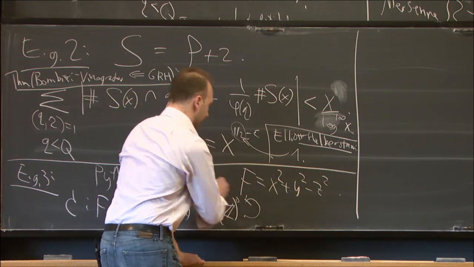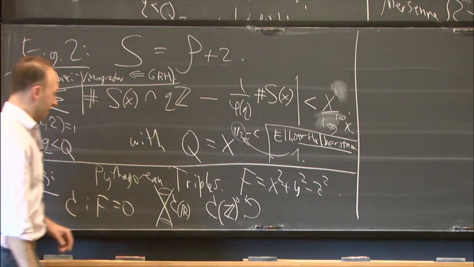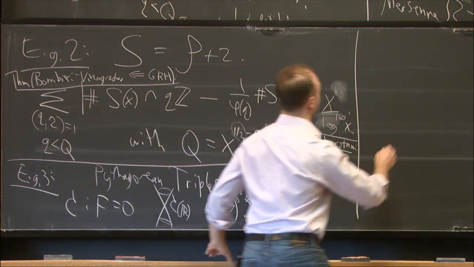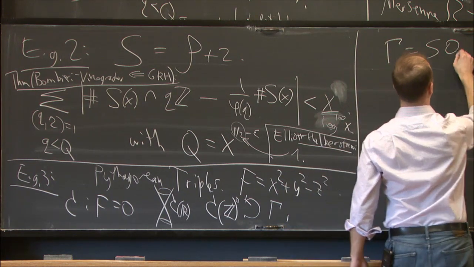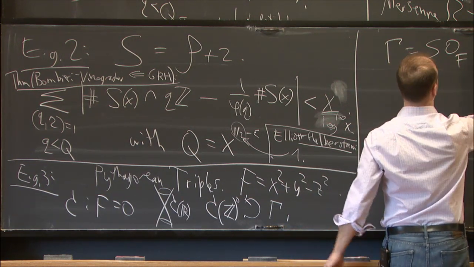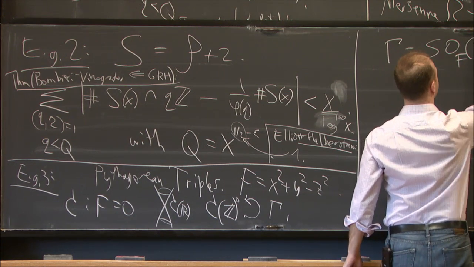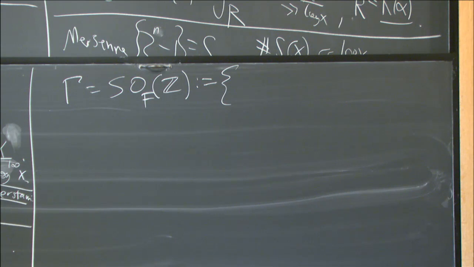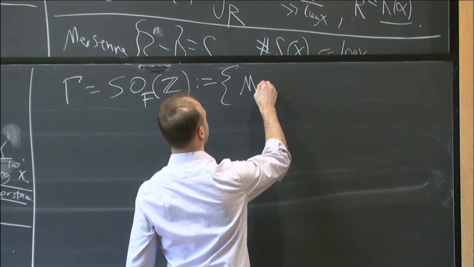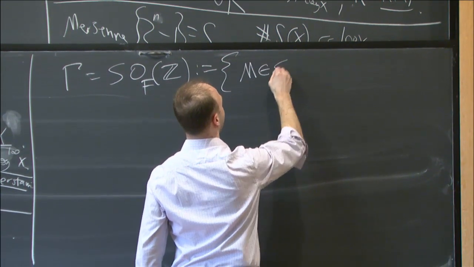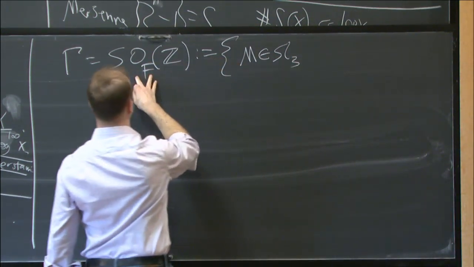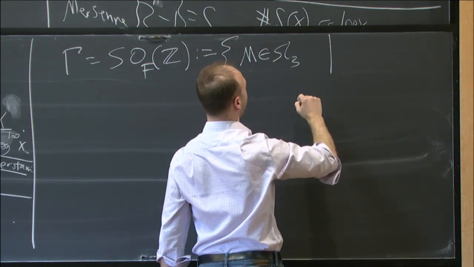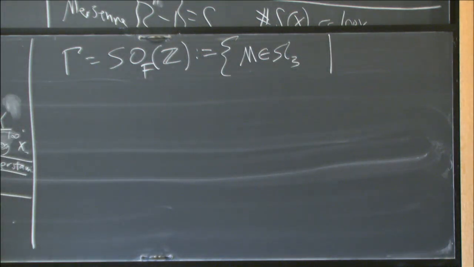And there's an action on this cone by a group gamma, where gamma is the orthogonal group, or special orthogonal group, let's say, with integer entries, although in the definition we'll just define it as a variety. What is it? It's the group of matrices in SL3. So let me define SOF. It's matrices in SL3, but now I'll stick in Z's everywhere, with the property that they don't change f.